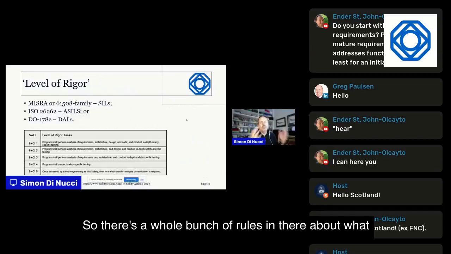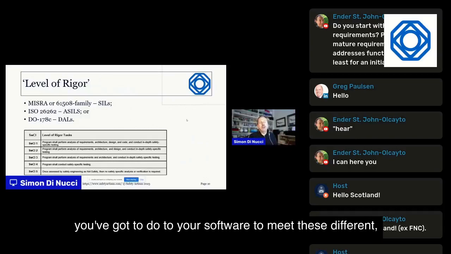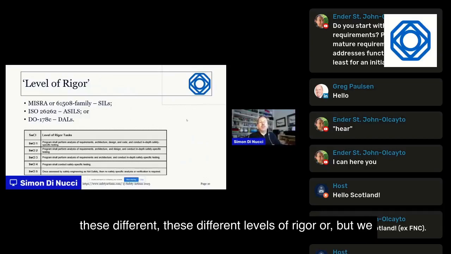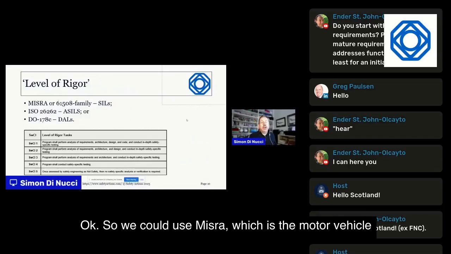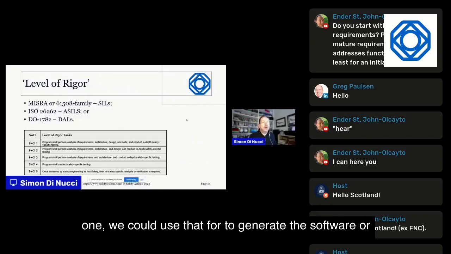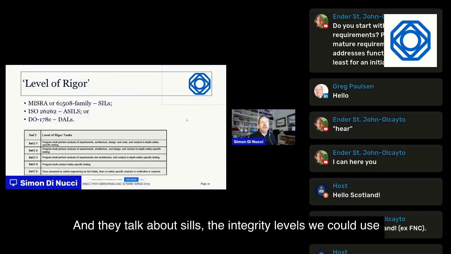So there's a whole bunch of rules in there about what you've got to do to your software to meet these different SWCIs, these different levels of rigor. But we can use any software standard. We could use MISRA, which is the motor vehicle one, to generate the software, or the 61508 family, and they talk about SILs, safety integrity levels.